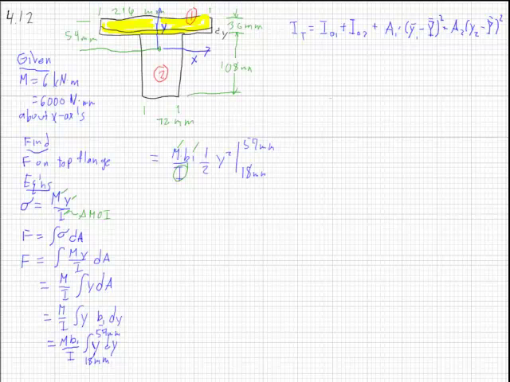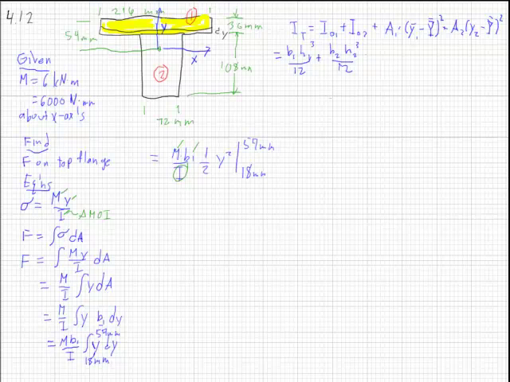Well, the area moment of inertia of a rectangle by itself is b h cubed over 12 with respect to the horizontal axis where we have our loading. So our bending is going to be about that horizontal axis. So it's going to be b1 h1 cubed over 12 plus b2 h2 cubed over 12.